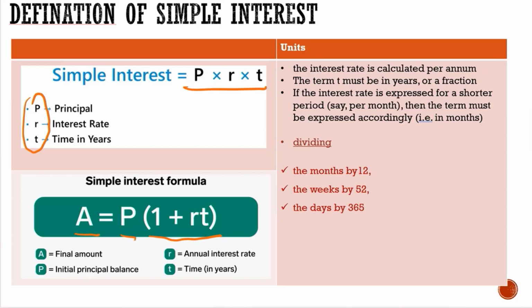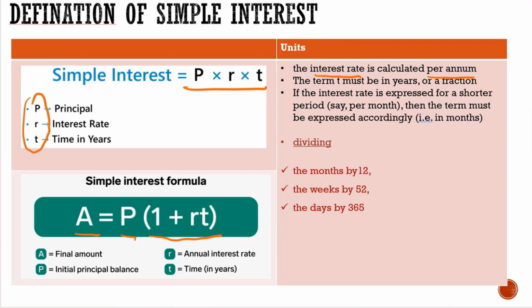So what is important when you're talking about simple interest is that the interest rate is calculated per annum. When we are talking about per annum, we are talking about the year. We know that we've got 12 months in a year, 52 weeks in a year, and 365 days in a year.